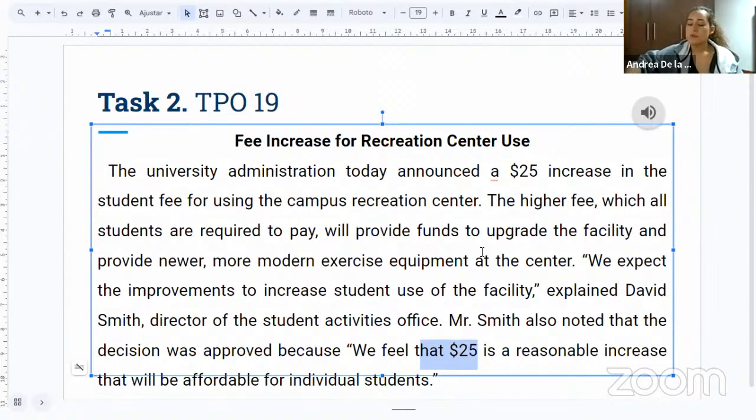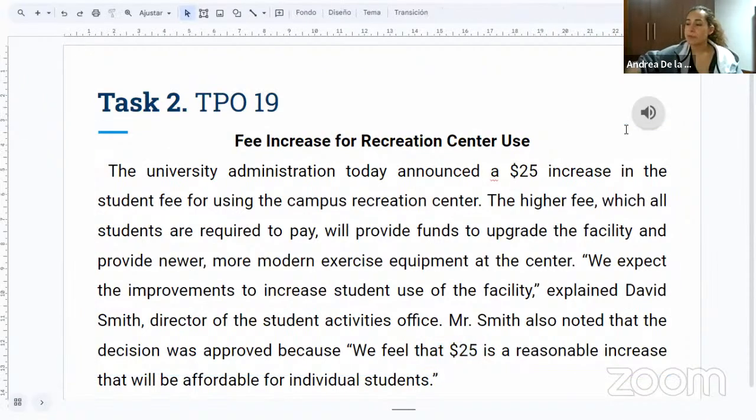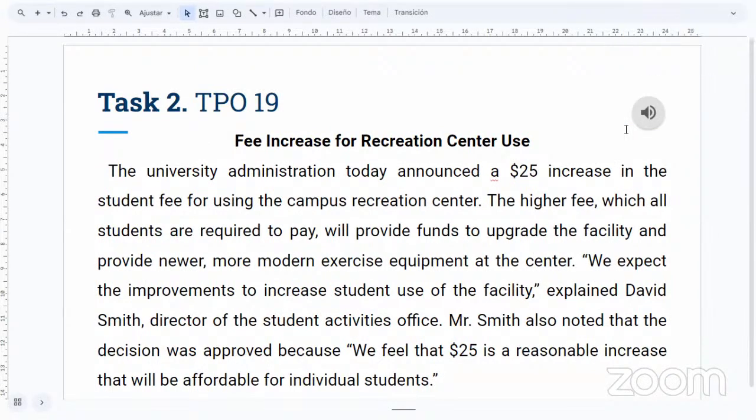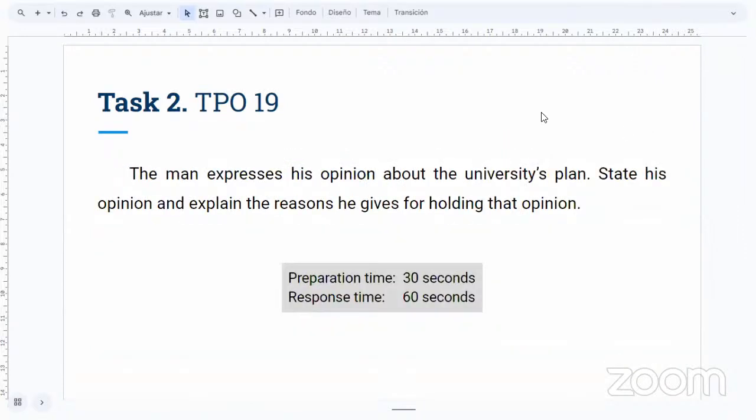And the other reason that the student gives is that students need to use the recreation center because they are usually stressed out due to exams and stuff. So they need to have this recreation center very well equipped. So careful with the template. That's mostly what I would say. But it wasn't bad, just careful with the template. I think your understanding was better in this case. Thank you. Yes, of course.